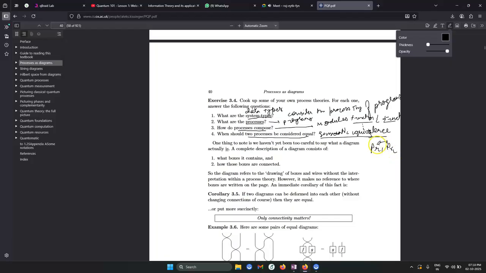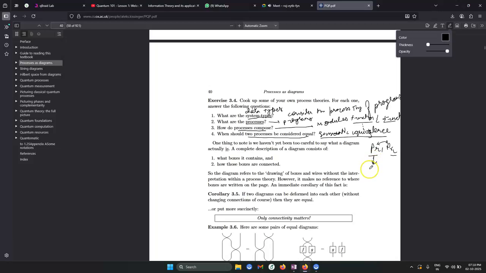One basic criterion is yes, they should have the exact same output. But beyond that, you can have very trivial examples of programs where they have the exact same output, but they do two very different things.